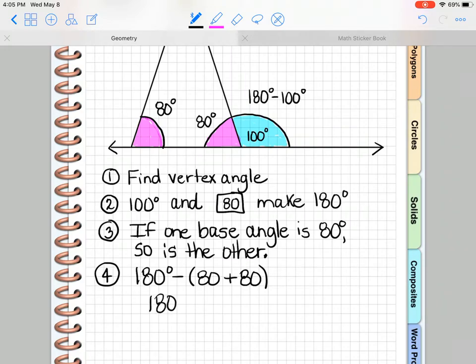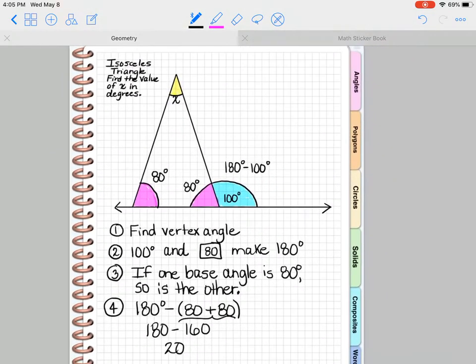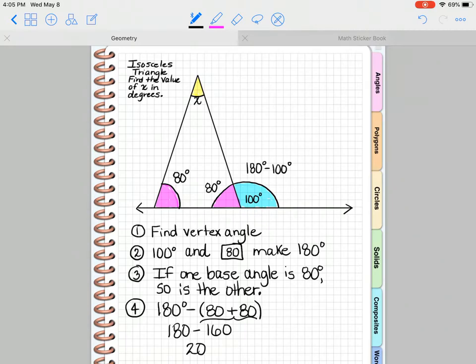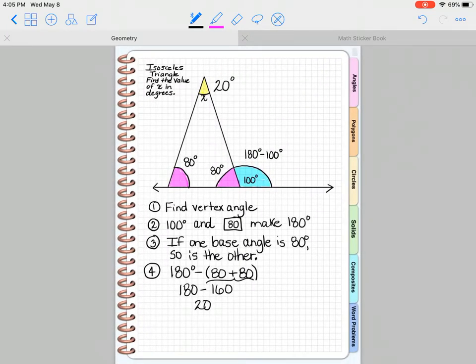So 180 minus 160 is going to be 20. So x, the vertex angle, is 20 degrees. Good math question. Good thing to think about.